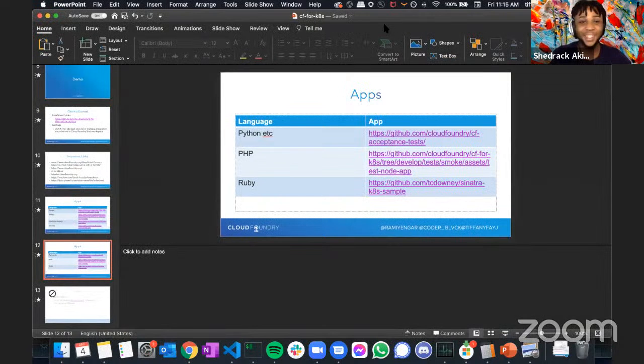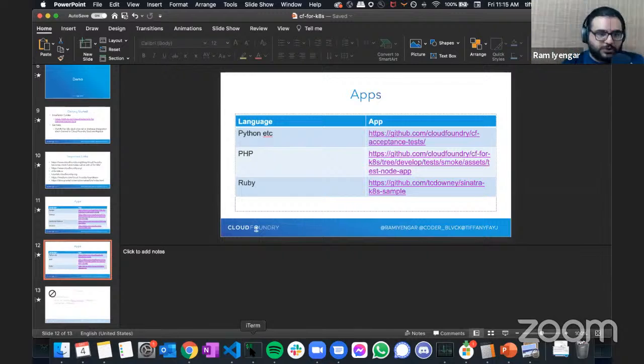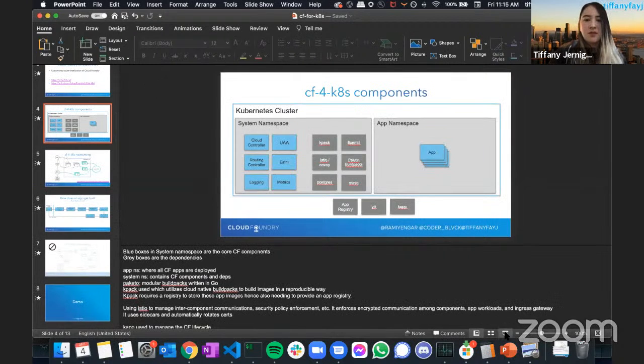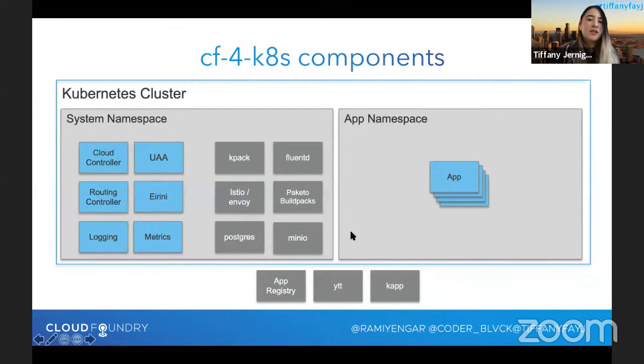Real quick, Tiffany, before you pass it on, did you mean to show a block diagram of those different components? Oh, yeah. Okay, so this was the thing that I mentioned previously. There may be later where you can have different namespaces for your stuff, but in your cluster you have the system namespace, which was the CF system.